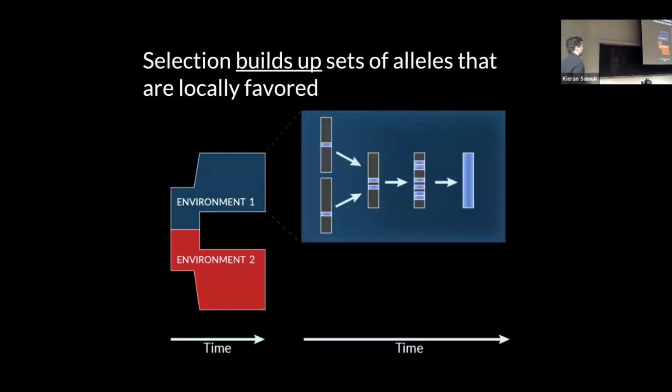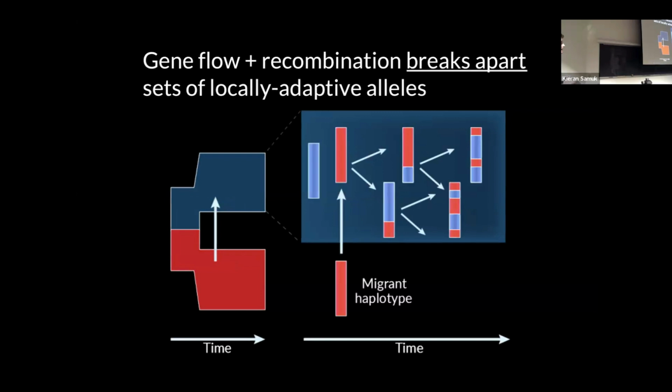Within each one of those environments, selection is building up sets of alleles that are locally favored. It's driving alleles that work in that population to higher frequency from that ancestral state. So we can envision these little blue mutations giving us this blue haplotype at the end. That same process is also occurring in that other population, so the alleles that work in the red population are also building up.